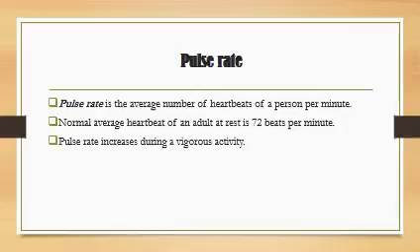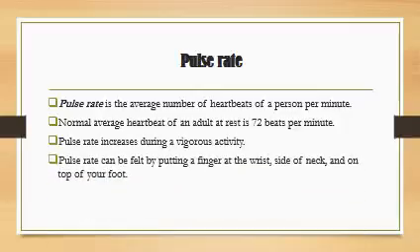This pulse rate will vary based on the activity in which the person is engaged at a given time. So the pulse rate will increase during vigorous activity, and you can measure it. It can be felt by putting a finger at the wrist, at the side of the neck, or on top of your foot, over an artery.